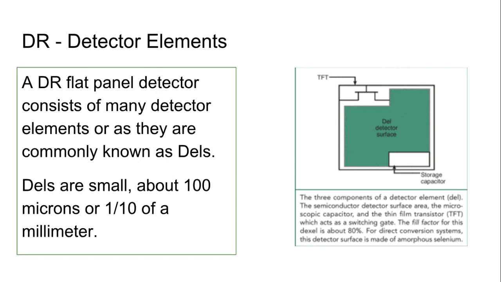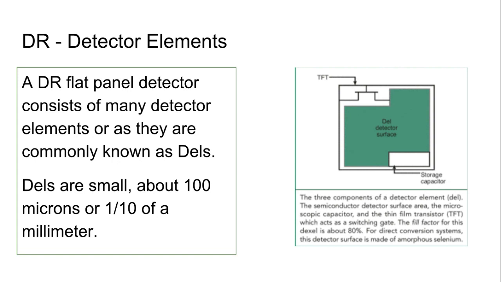This is where our actual molecular changes occur, where X-rays are either turned into light or converted directly into electrical signals. We'll get into that further on in the lecture.